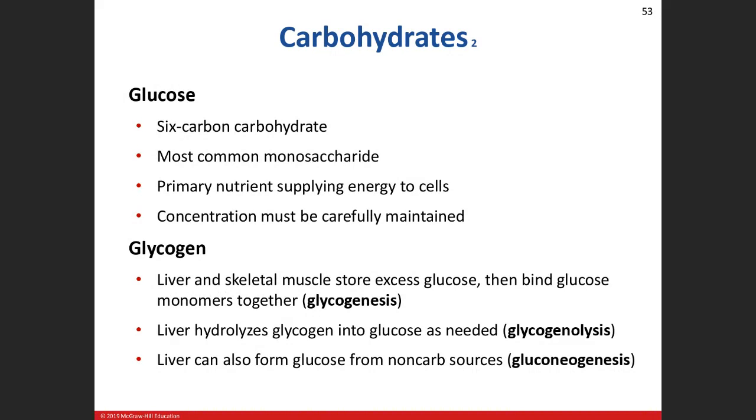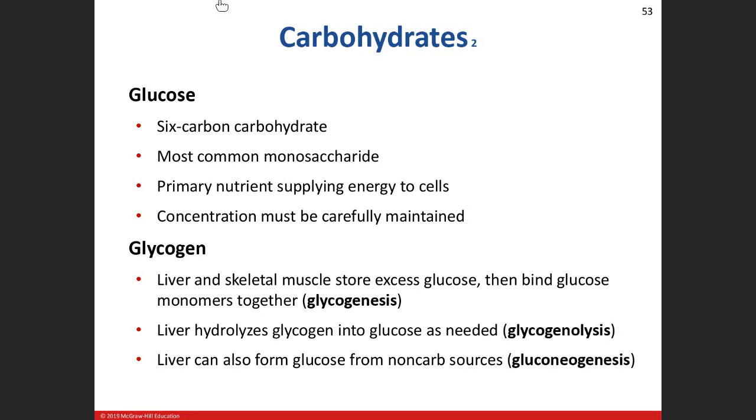Jumping onto this slide, you really want to know that glucose is the most common monosaccharide. Your body loves glucose, and in fact, your brain craves it. Your brain is numero uno, the number one organ for glucose. It gets top billing and priority.